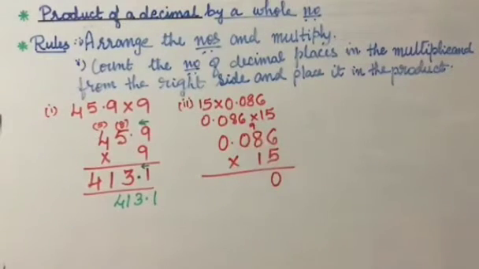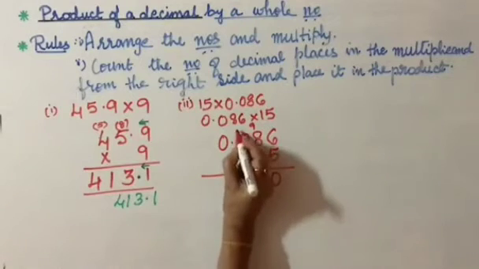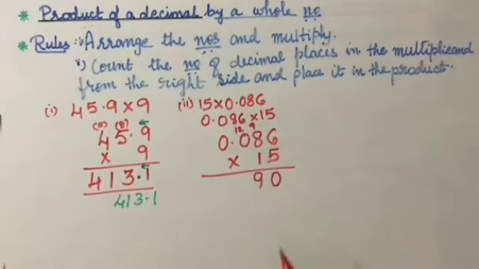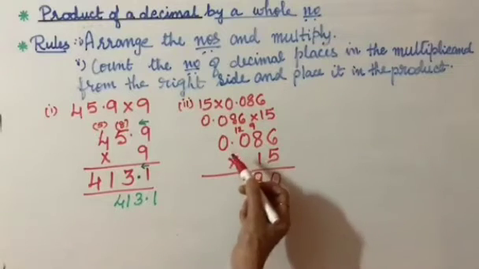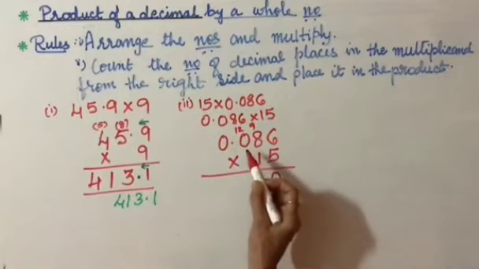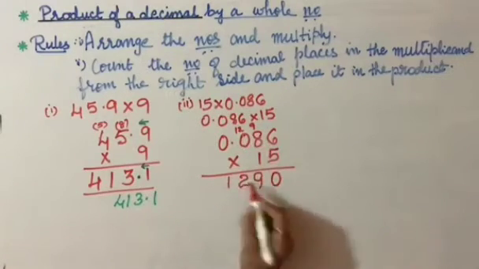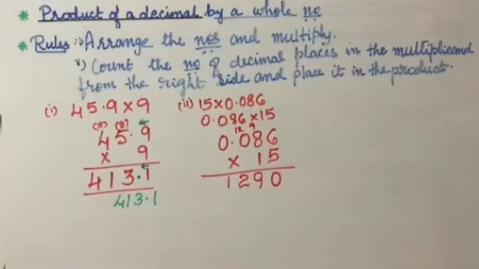Carry 9. 15 8s are what? 120, right? 120 plus 9 is 129. Carry 12. What is 15 zeros? We learned the multiplicative property of 0: any number into 0, or 0 into any number, gives the product 0. So 15 into 0 is 0. 0 plus 12 is 12. Fine. Till here you have understood.